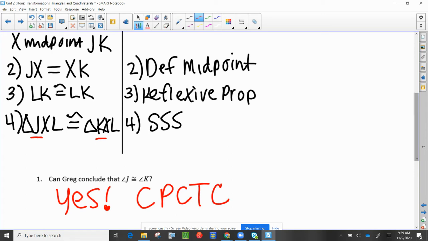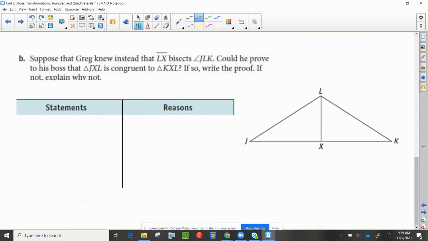Okay. Let's look at another proof here. Suppose Greg knew instead that LX, so this line LX, bisects the angle JLK. If it bisects it, remember that means we have equal angles there. It's going to cut the angle into two equal parts, so I'm just going to mark that.